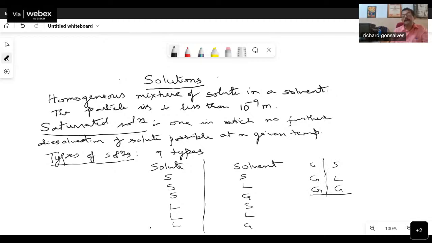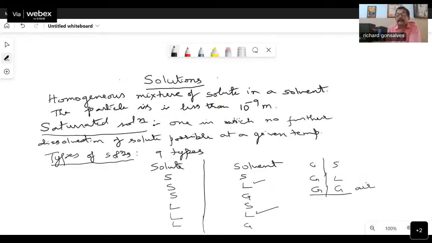Let me take an example of a gas in a gas. I will take few important examples. Solid in a liquid, as I said, sugar solution, salt solution come under this category. Liquid in a liquid, I can give you alcohol and water. Alcohol and water is an example where liquid in a liquid. Gas in a gas is air.